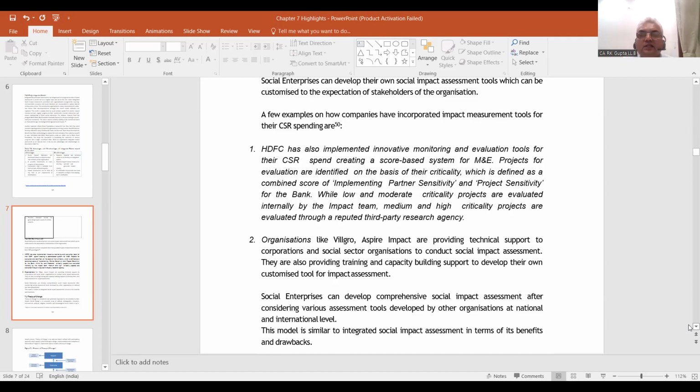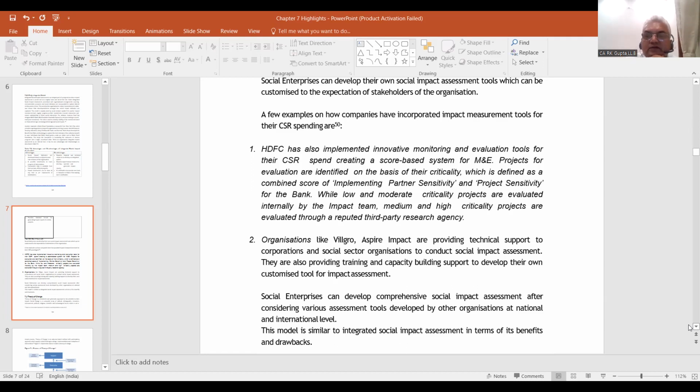This is the basic intention. Then these organizations like Willgrow, Aspire Impact, they are providing technical support to corporations and social sector organizations to conduct social impact assessment. They are also providing training and capacity building support to develop their own customized tools for impact assessment.